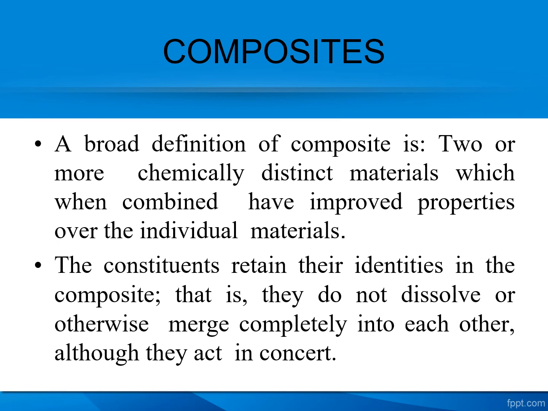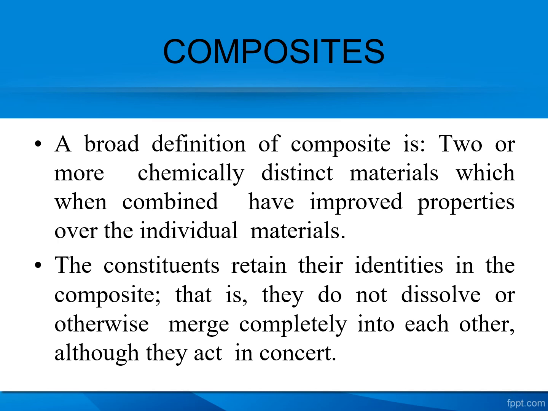Definition: two or more chemically distinct materials which, when combined, have improved properties over the individual materials. Two or more chemically distinct materials, that is very important, which give an improved property over the individual material.